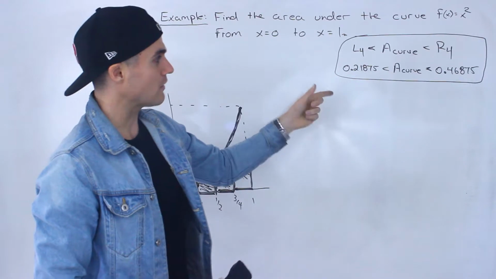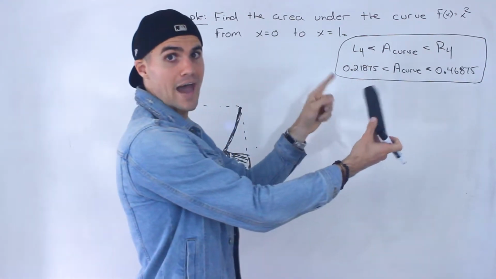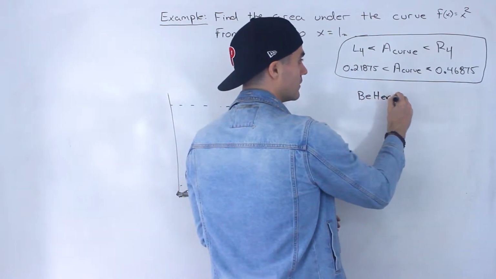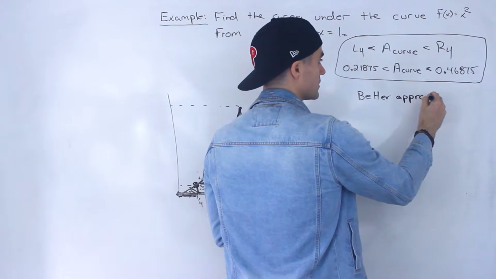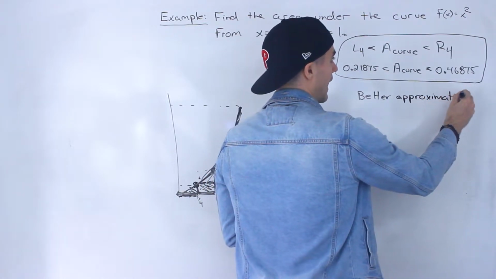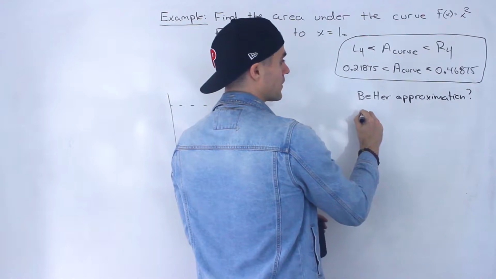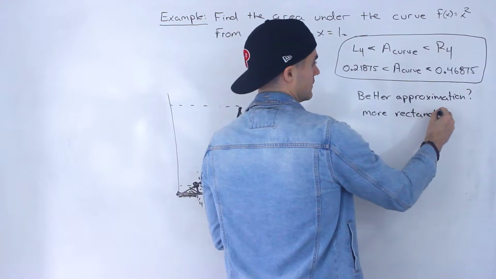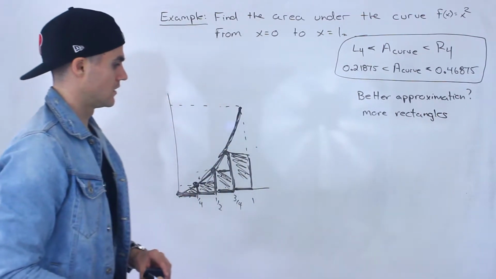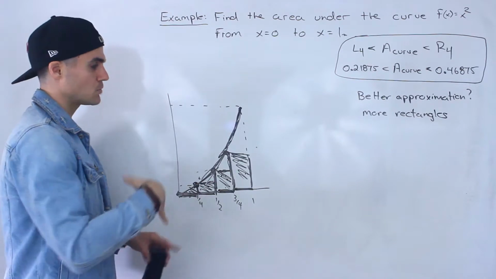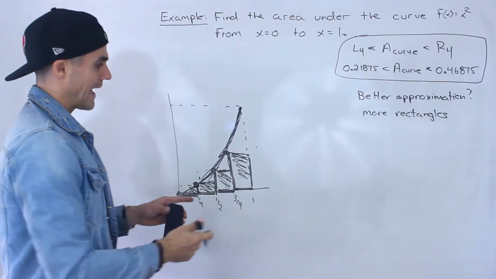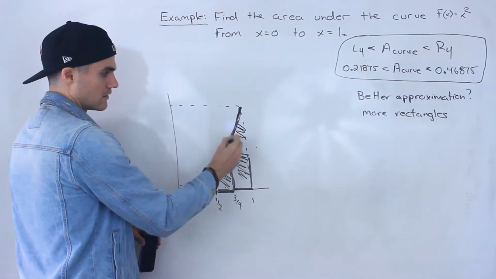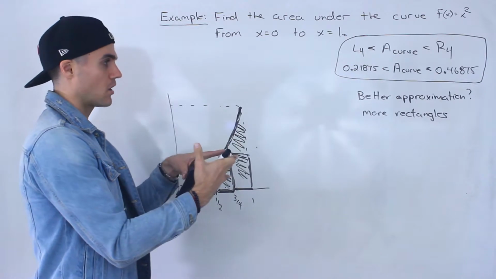So the question is, how can we tighten up that interval? How can we get a better approximation? And the answer is we would have to use more rectangles, because the more rectangles you use, the more this excess area over here starts becoming smaller and smaller.